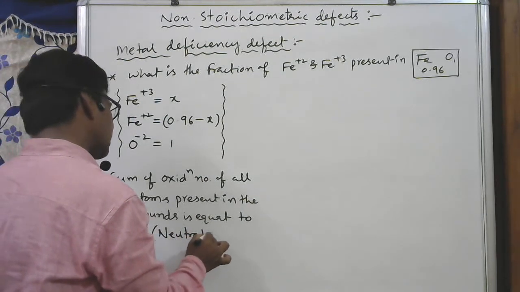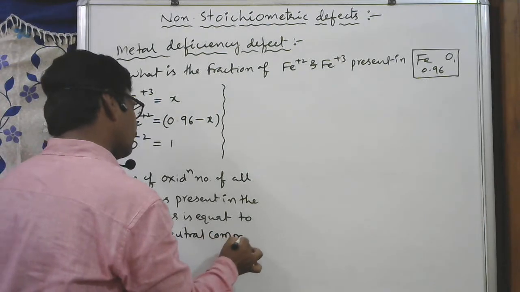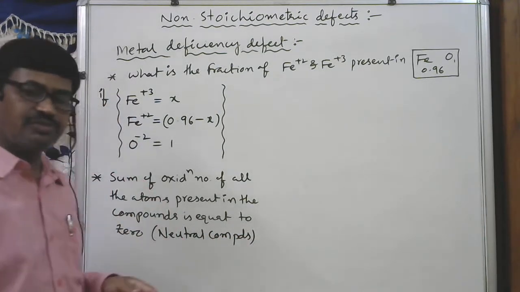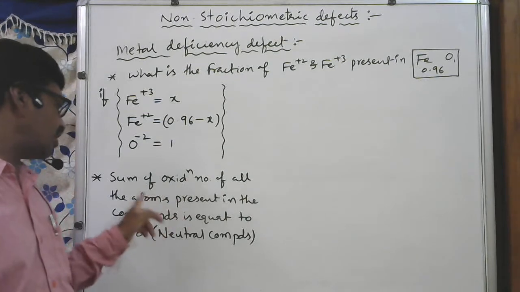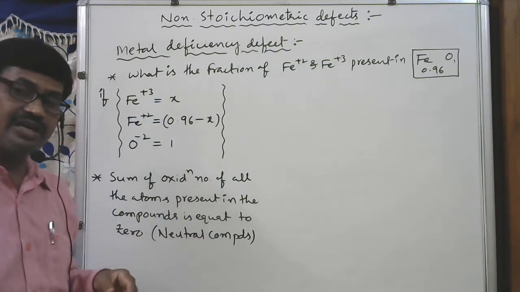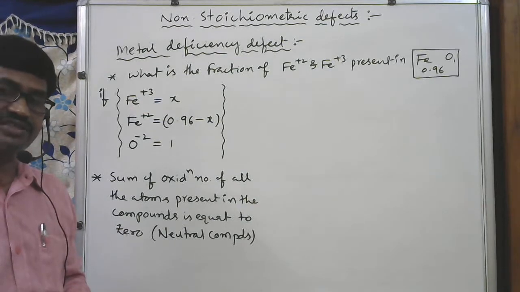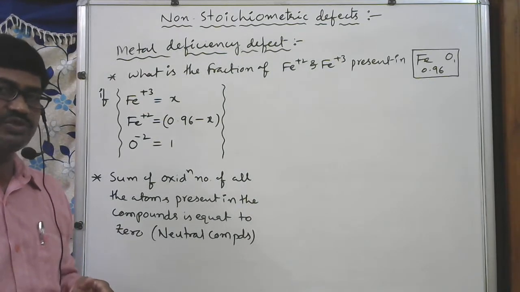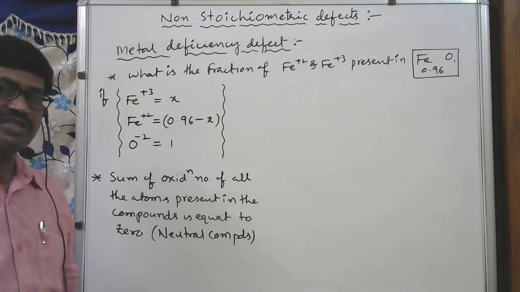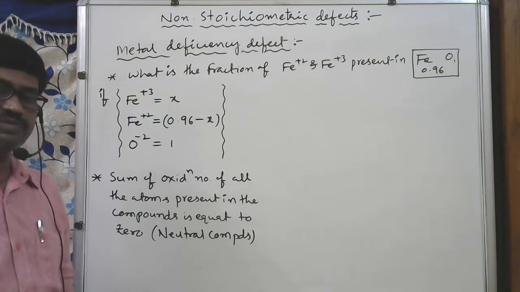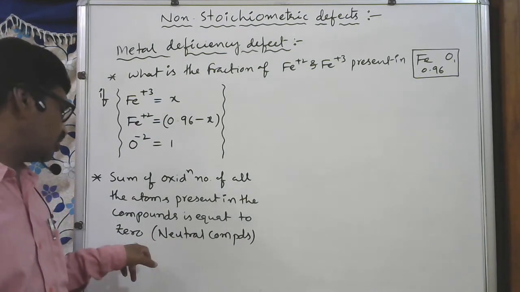This is for neutral compounds. For charged species, the sum of oxidation numbers of all the atoms present in a polyatomic ion is equal to its ionic charge. Neutral species have 0 charge, so we have to equate to 0.